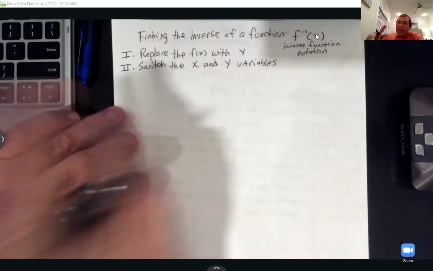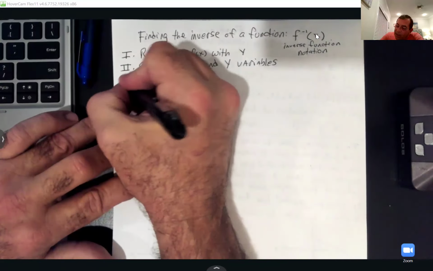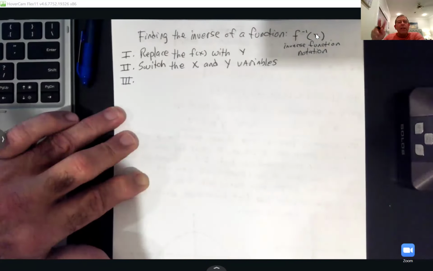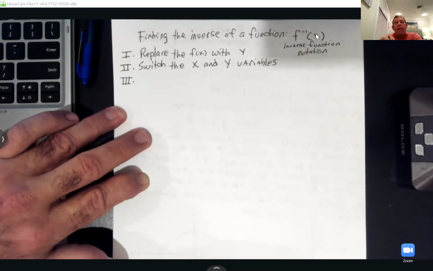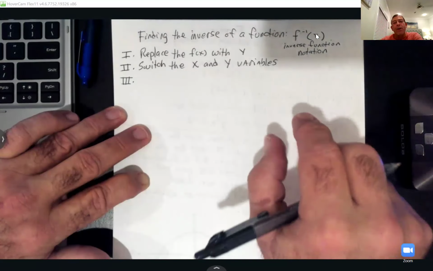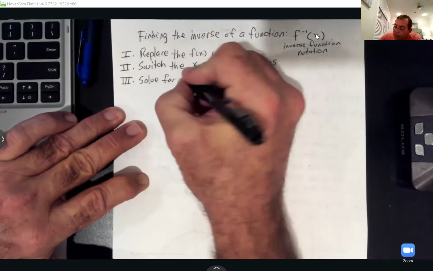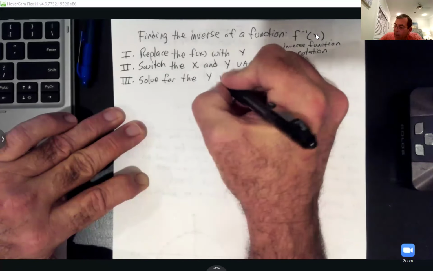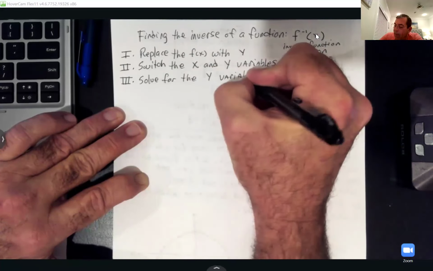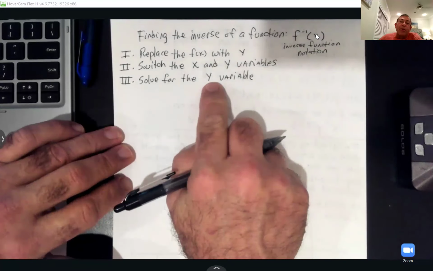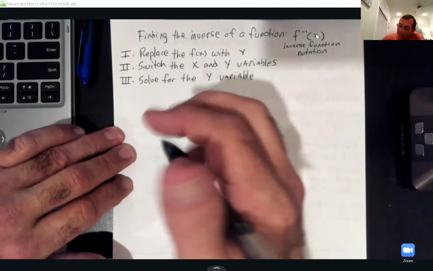So pretty much the same thing. We're going to switch those x's and y's. Once I've switched the x and y's, I'm then going to solve for the new y variable. And this y used to be the x, remember, okay?